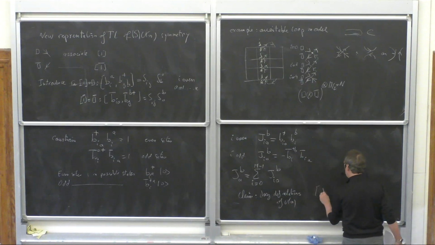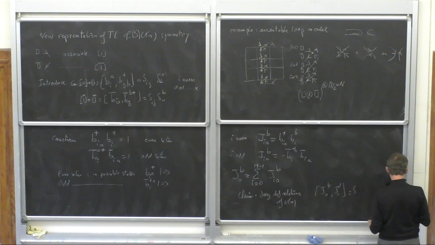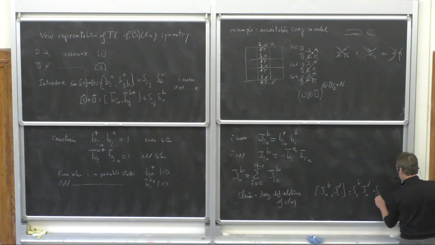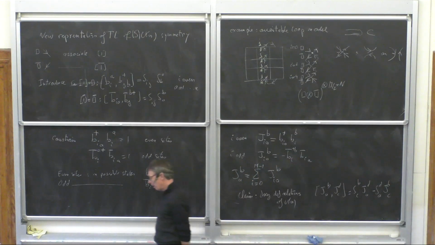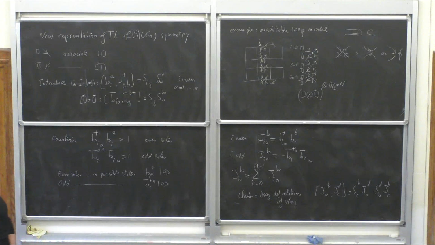That is, we have [J^{AB}, J^{CD}] equals delta^{AD}... delta^{BC} J^{AD} minus delta^{AD} J^{BC}. So we have a nice way to build the UN symmetry acting on this system.